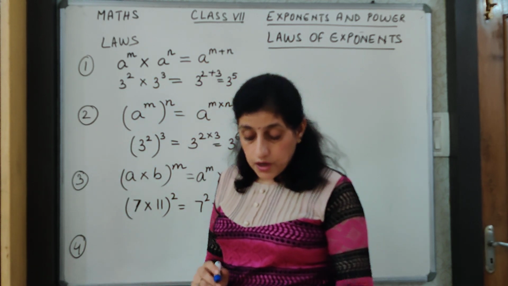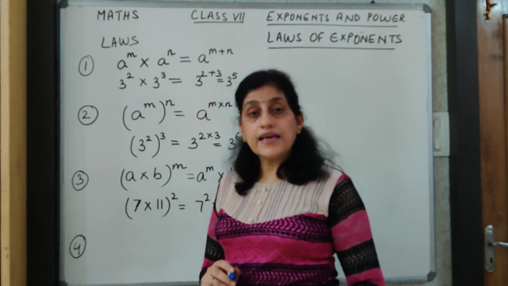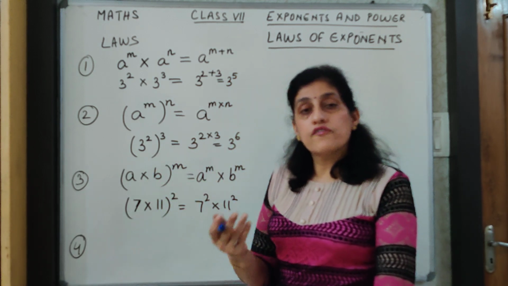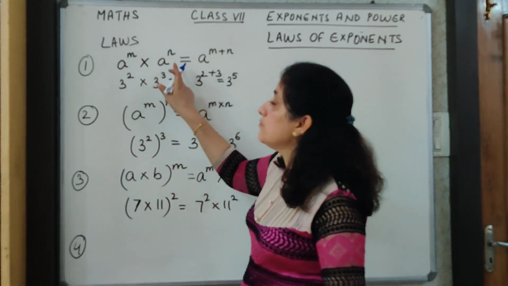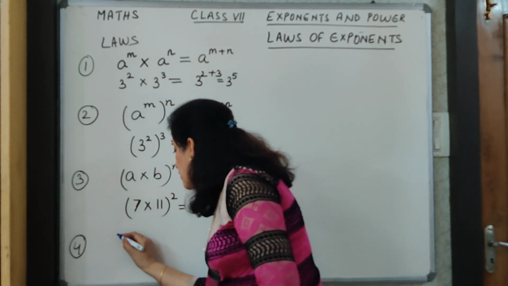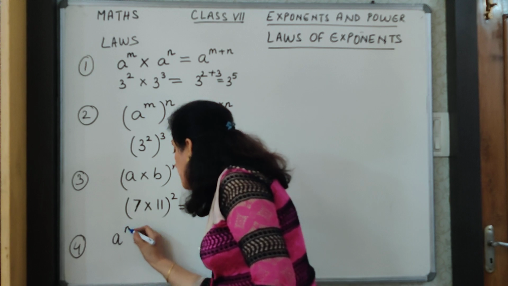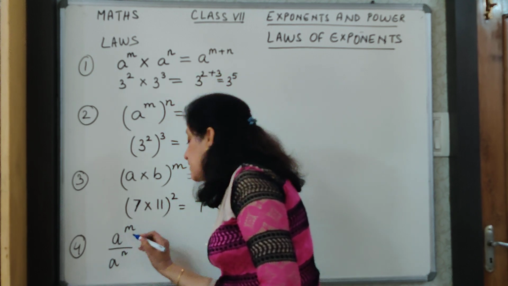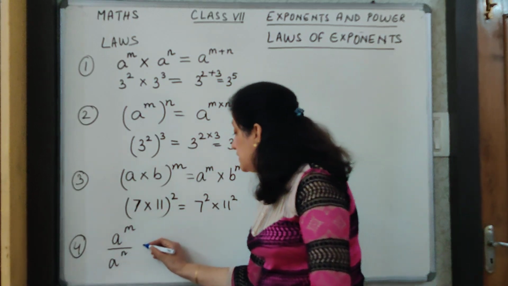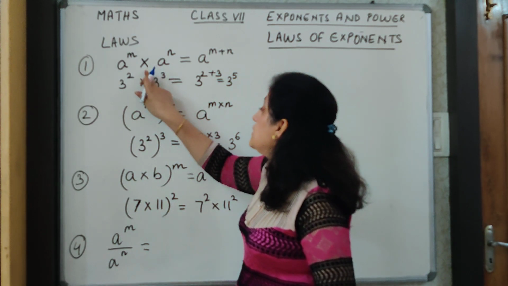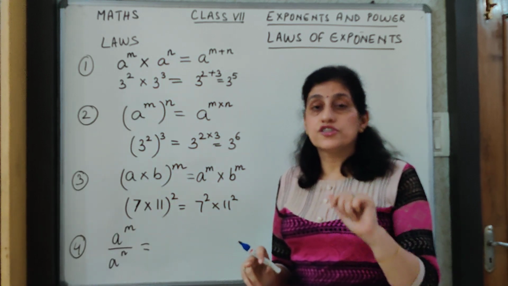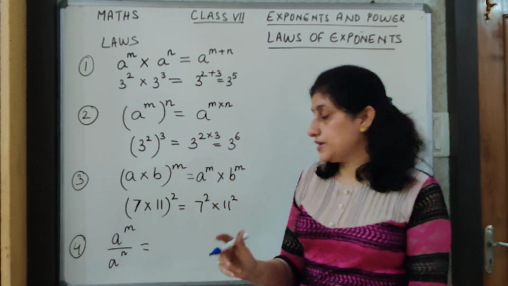Alright children. Now moving on to the next law, which is a law in which we have quotient or we have to divide. Here we had multiplied two exponents. Now if we have to divide them, then a to the power m upon a to the power n will be, if for multiplication the powers are added, then for division the powers will be subtracted.